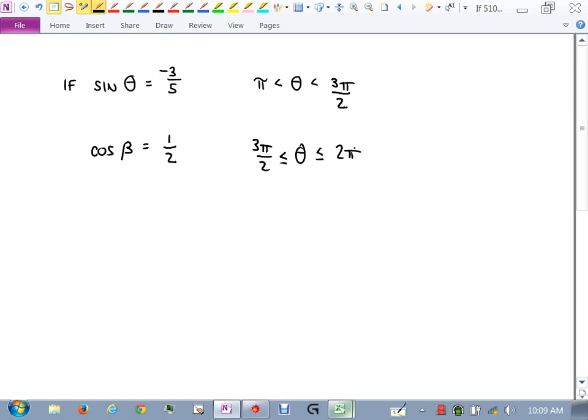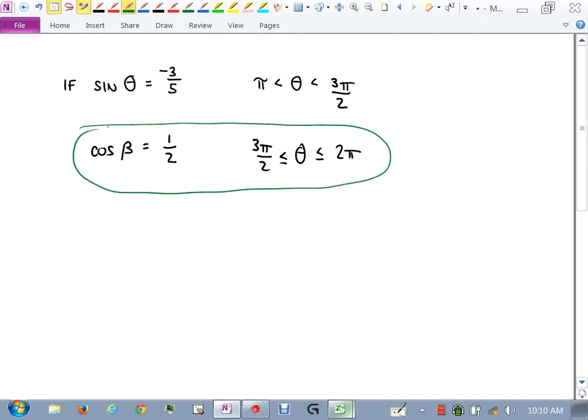So first thing I need to do is figure out if I can figure out what these angles are. In the last problem, it was easy because I was able to determine the angle right away. Looking at this one, though, this one I can figure out right away what the angle is, right? Because cosine beta, where is the x-coordinate 1/2?